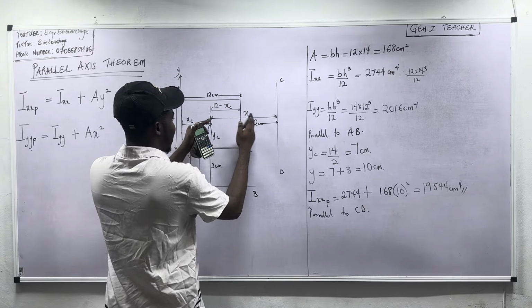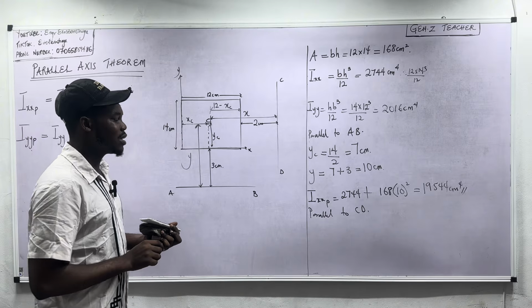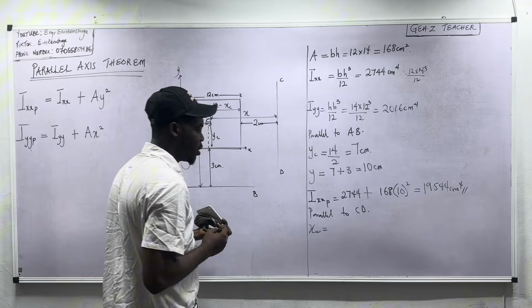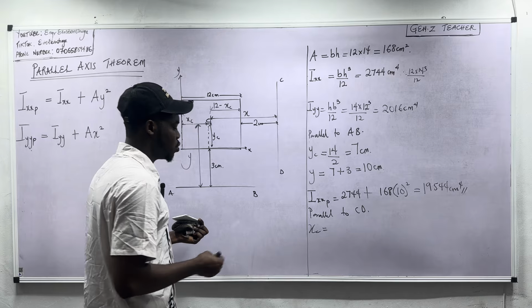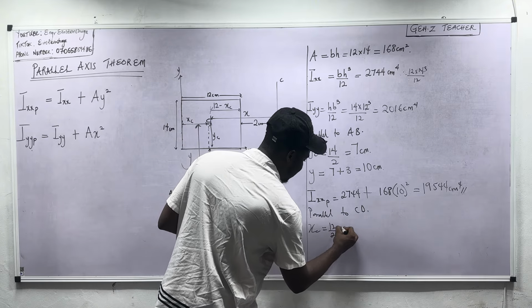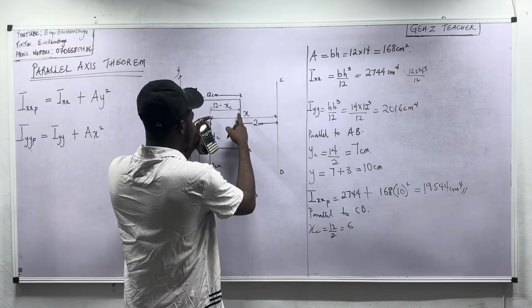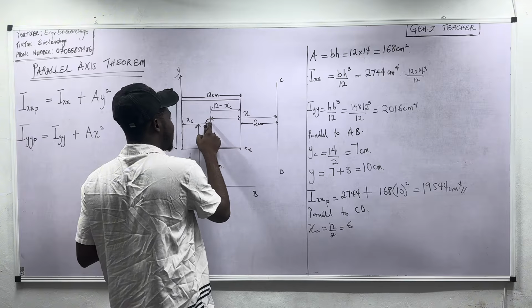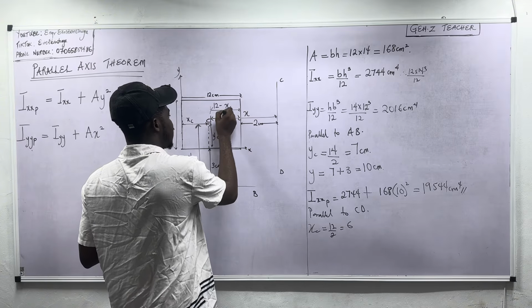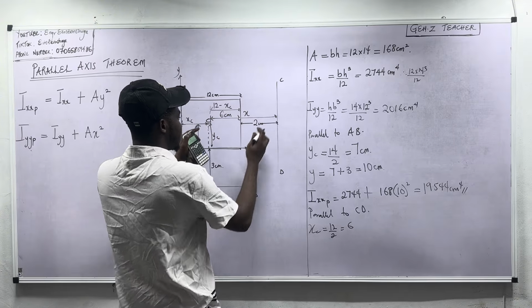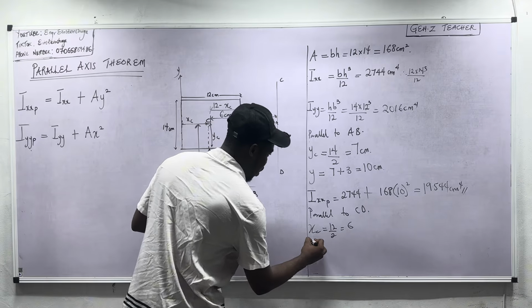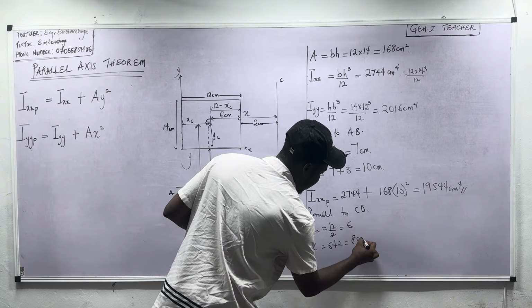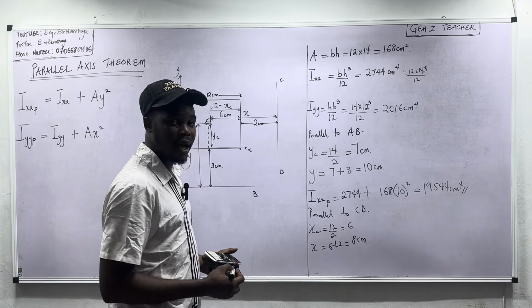You add this to 2 to get your answer. Let's quickly find the x centroid first. The x centroid for that rectangle is just the base over 2, so 12 over 2 is 6. Then 12 minus 6 gives us 6, so from the center of this shape to the edge is also 6 cm. So x becomes 6 plus 2, and that gives you 8 cm.